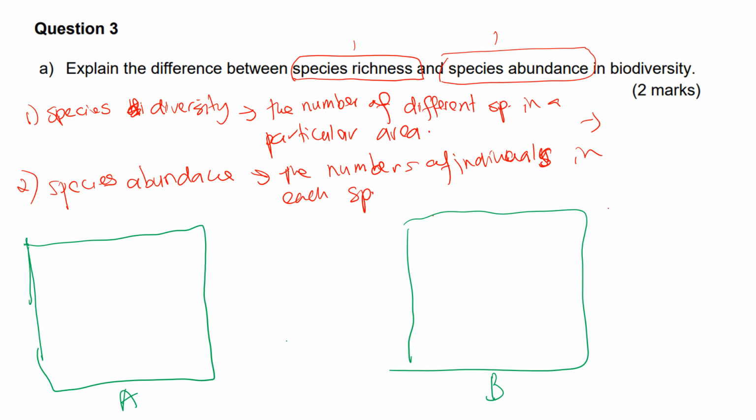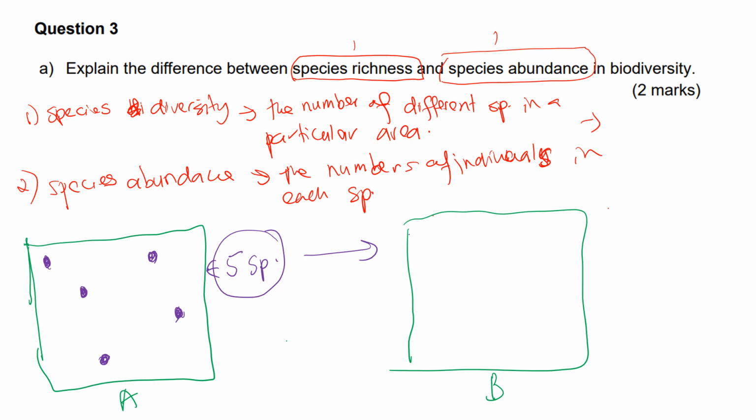So we have the purple species. For habitat A, they have 5 individuals of species purple.